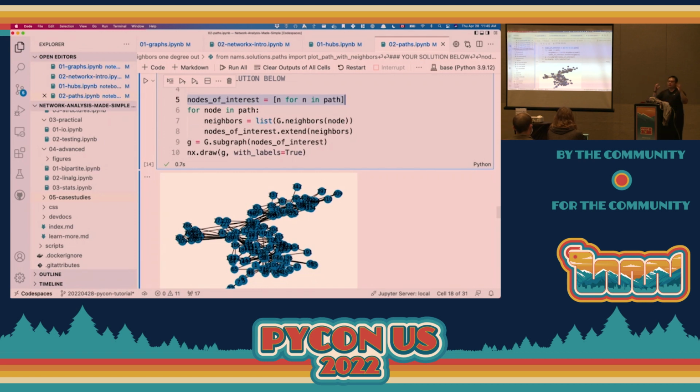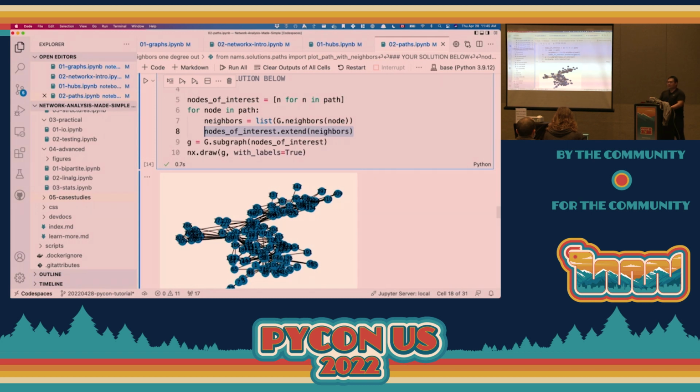So what we can do is initialize a list that contains nodes on the path, and then as we iterate through nodes in the path, we extend that list with the neighbors of that particular node. That is what we're doing here. So we instantiate the nodes of interest with just the nodes in the path first, and then we iterate over the path, grab out all of the neighbors for each node, and then we extend the nodes of interest with those neighbors.